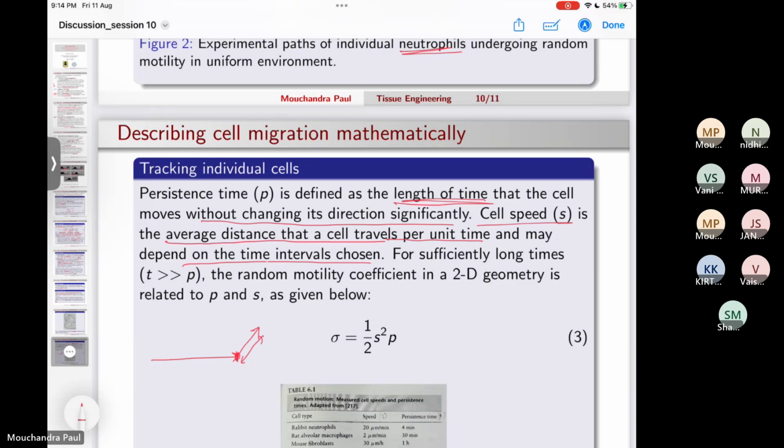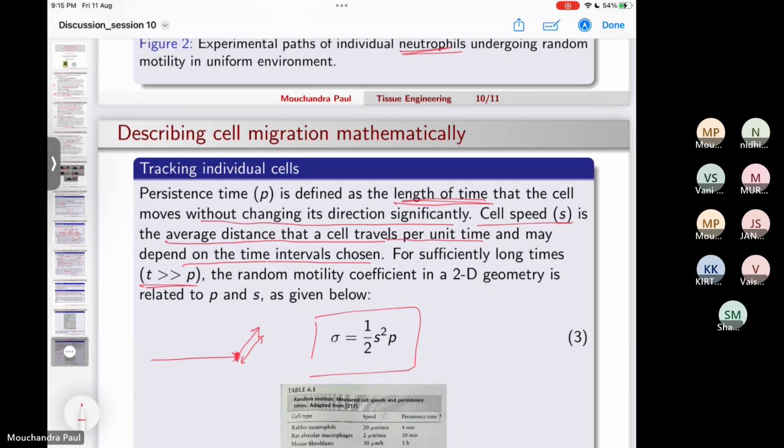And if the time for which you are tracking the cell motion is much greater than the persistence time, in that case you can come up with this expression, which correlates to the random motility coefficient that we talked about previously in the whole population description.